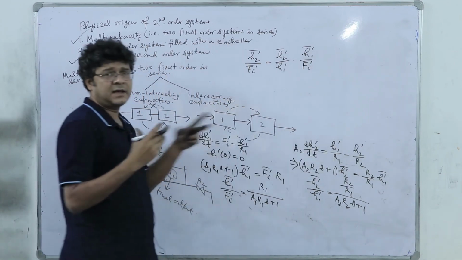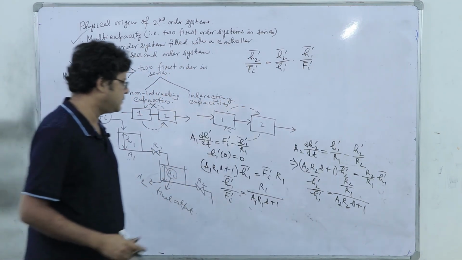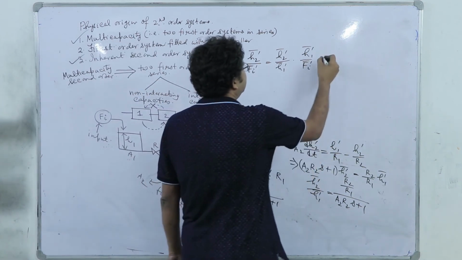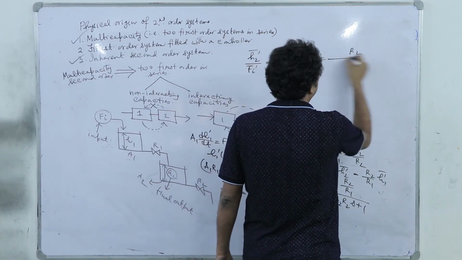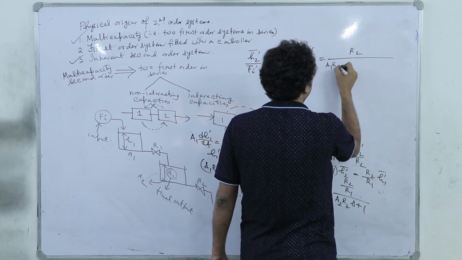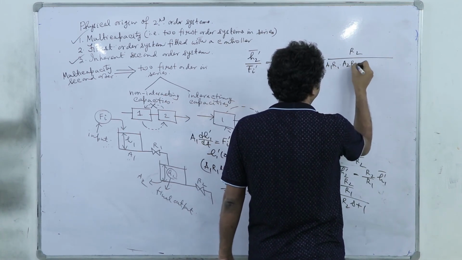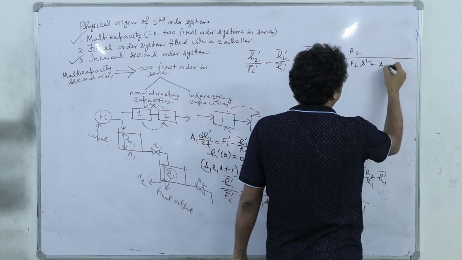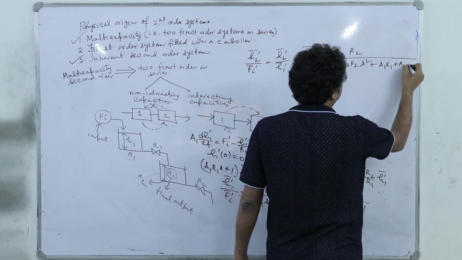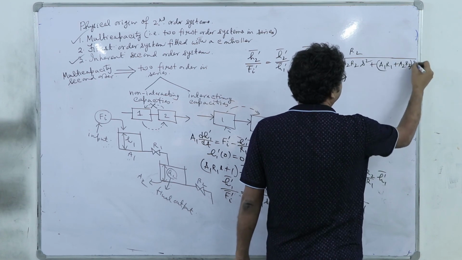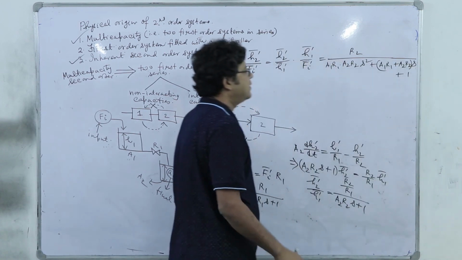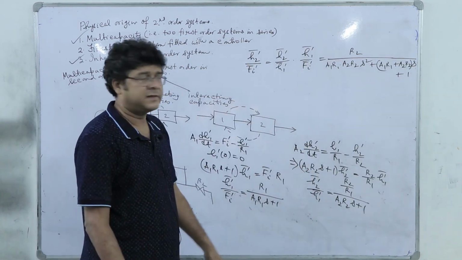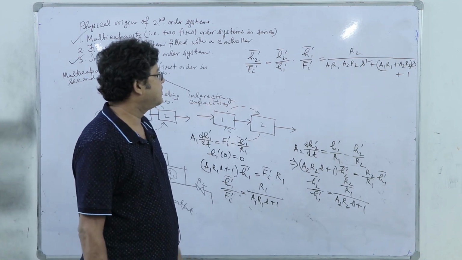So, that is a product of the two individual capacities' transfer functions, and what we get? This is R2 divided by R1 into [A1 R1 A2 R2 S square plus (A1 R1 plus A2 R2) S plus 1]. So, it exactly corroborates with the second order transfer function.